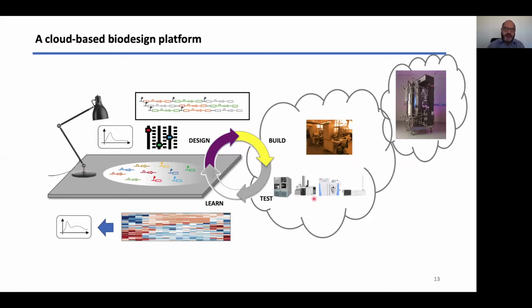And then you will receive the data back, and you can use these big data sets in order to perform the learn part of the cycle, in order to develop new models that will help you to predict in a better, more precise way, the behavior of your system. So that's a little bit the idea.